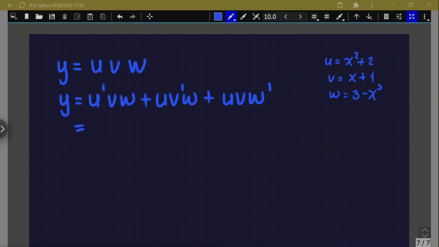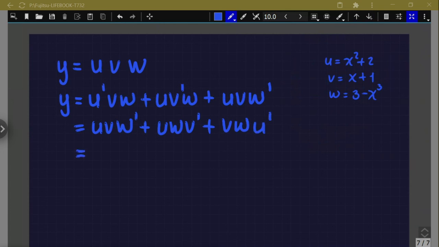So I can start from the end and say uv times the derivative of the last one, which is w prime, plus, then I move to the next one, which is v: uw, and v is now going to be the derivative. And finally, I take v and w, and then I take the derivative of u at the end.